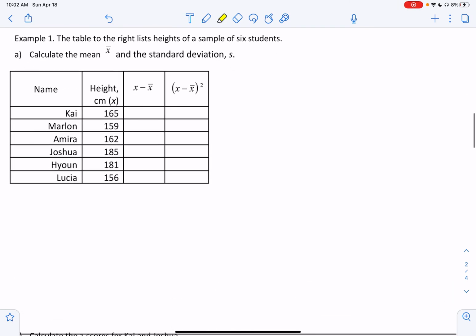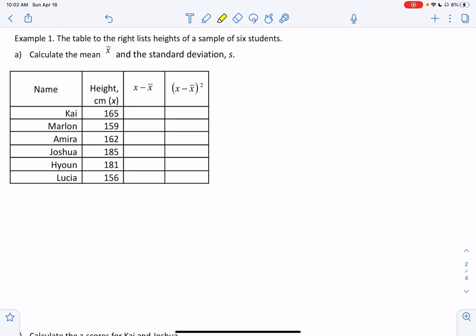Now these examples will do a little bit of work with z-scores, and then we'll also take some time to review the material from our mean and standard deviation lesson. And then moving forward, we'll work with z-scores more and talk about what they mean and why they're useful. So to start, we have a chart which has the height of 6 different students.